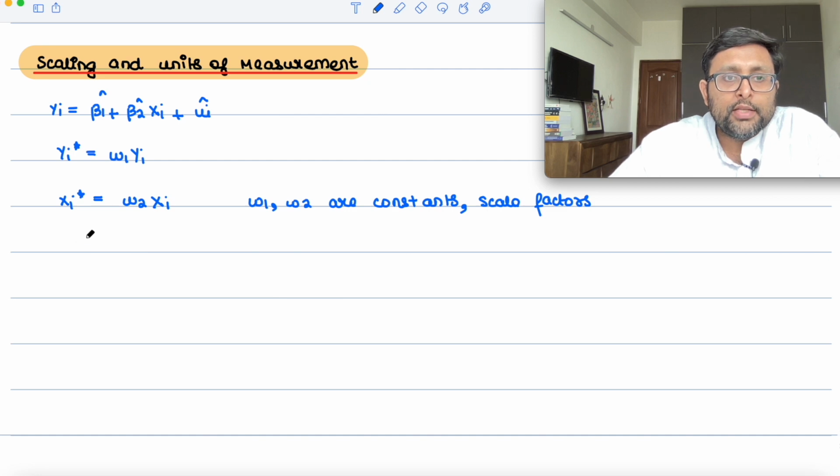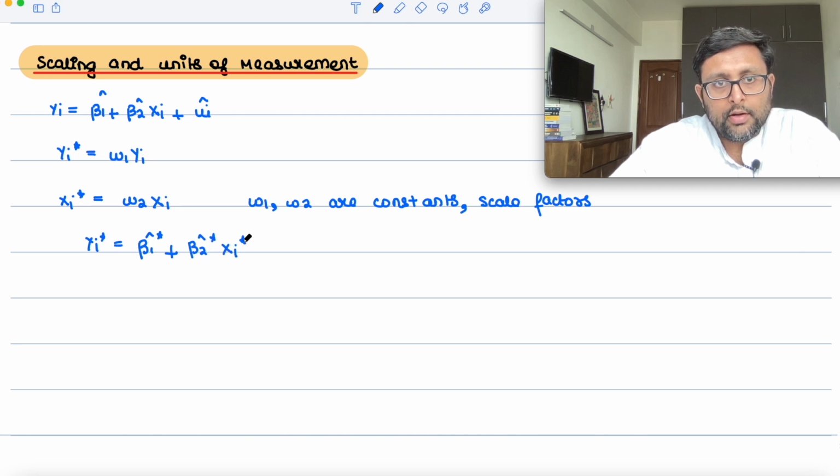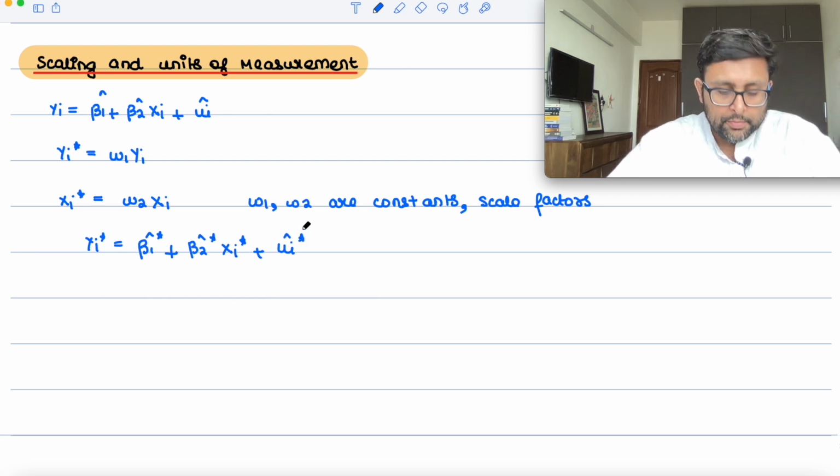So if you would have run this model, let's say yi star is equal to, you would of course have got the new estimates: beta 1 hat star plus beta 2 hat star xi star plus ui hat star. So you'll have to watch this recording with a little patience. We'll understand what's going on.